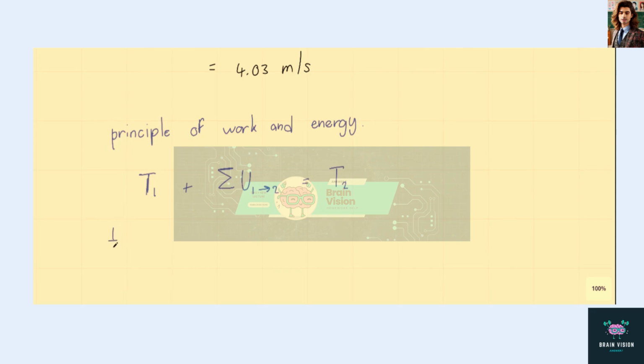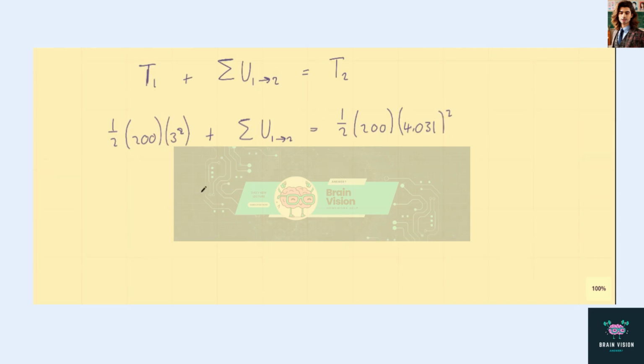So the initial kinetic energy of the ride is a half mv squared. So half times 200 times the initial speed, which is 3, and that's squared, plus the work done by the cable as the ride is moving, which we wish to solve for, U, and that's equal to a half times m times the final velocity, 4.031, and that's squared.